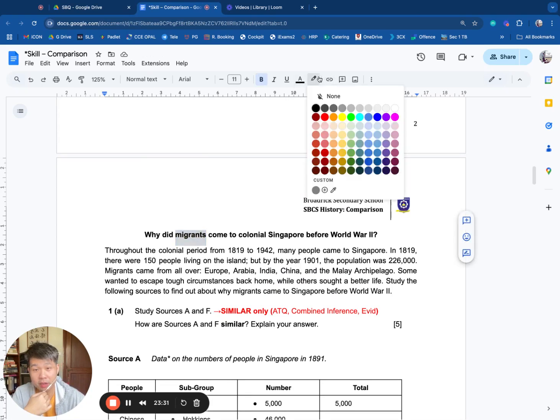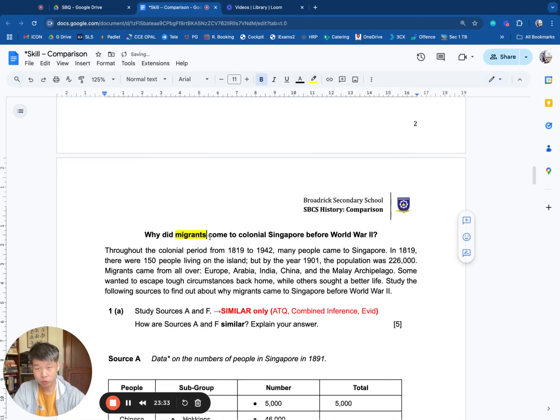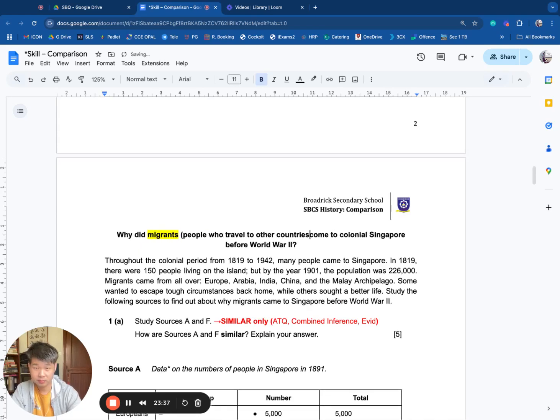Migrants. Why did migrants come to colonial Singapore? Migrants are people who travel. You can write this down. You can annotate what I'm doing. Come to colonial Singapore. Colonial Singapore refers to British rule.